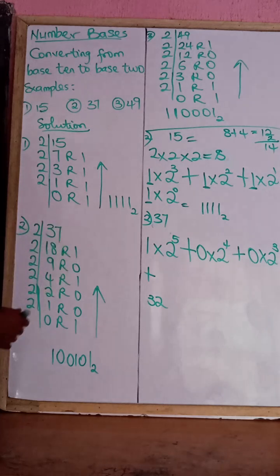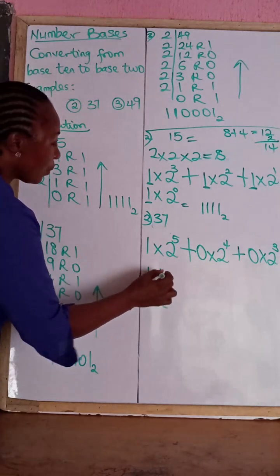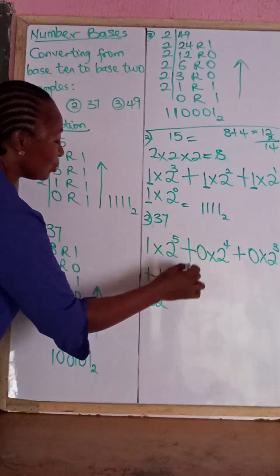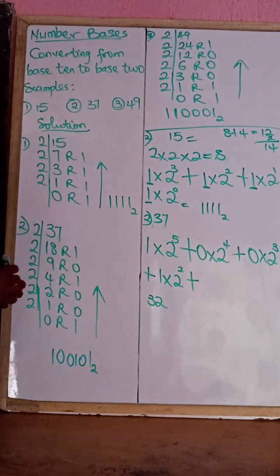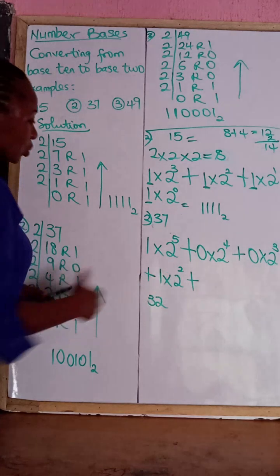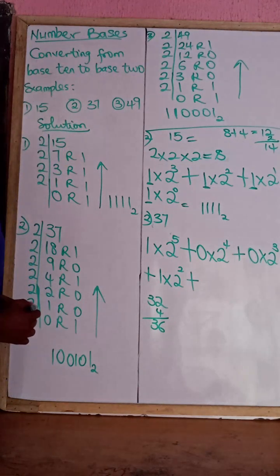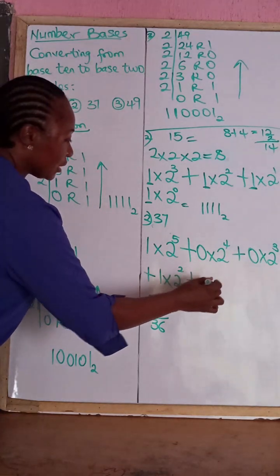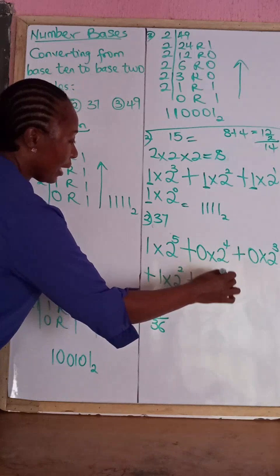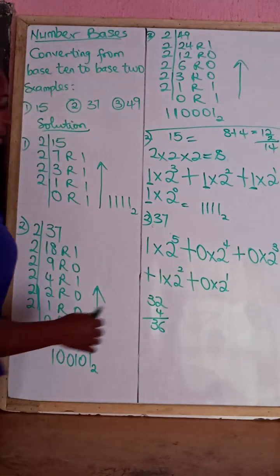So actually 4 can be there. So we have one group of 2 raised to power 2. We move. Now the next one is 2 raised to power 1. Now we have 32 plus 4, giving us 36. We only need 1. And 2 raised to power 1 is 2, which means here will be 0. So 0 times 2 raised to power 1. That's 0 group of 2 raised to power 1.